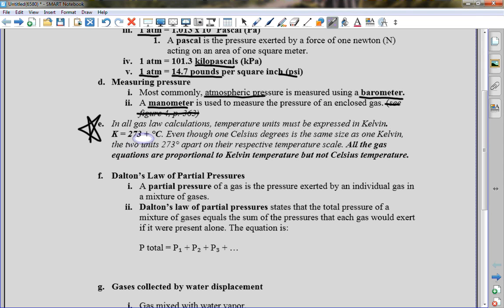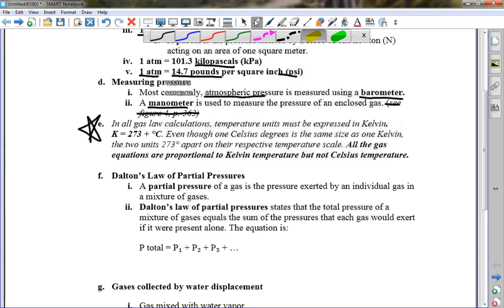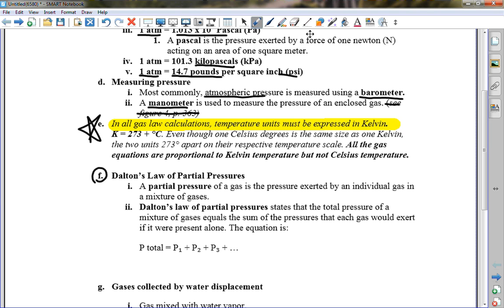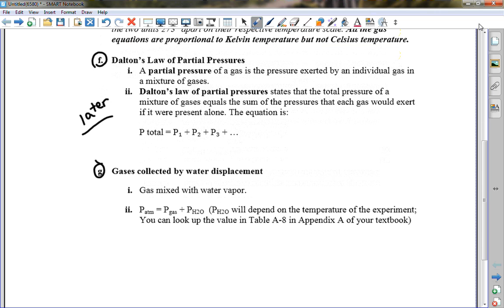The reason you need to know this is because in all gas calculations, you must express the unit of temperature in Kelvin. You cannot use Celsius. A lot of times you'll be given Celsius, but you can't use that. These points F and G we're going to come back to later in the course. This is not for right now, so I'm going to move on.